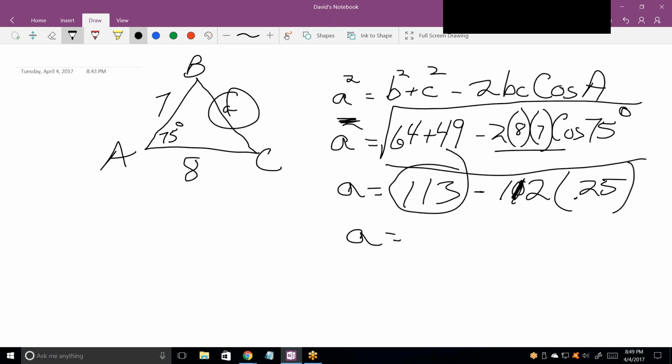Okay, what's 0.25 times 112? 28.98. That gives us a side of like 85. That doesn't make any sense. What did we do wrong here?